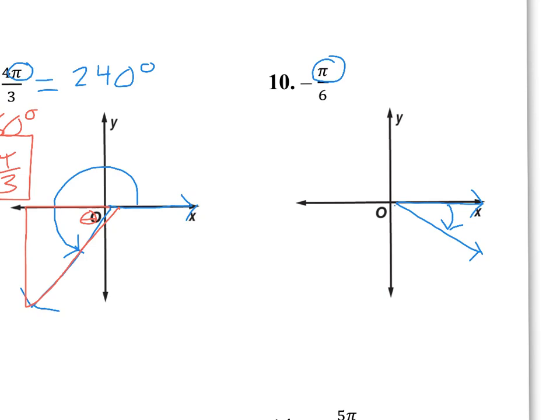Now I draw the triangle using the bow tie rule. So remember that the reference angle always has to be positive. So we went negative 30 degrees. The size of the angle is 30 degrees, which is pi over 6.